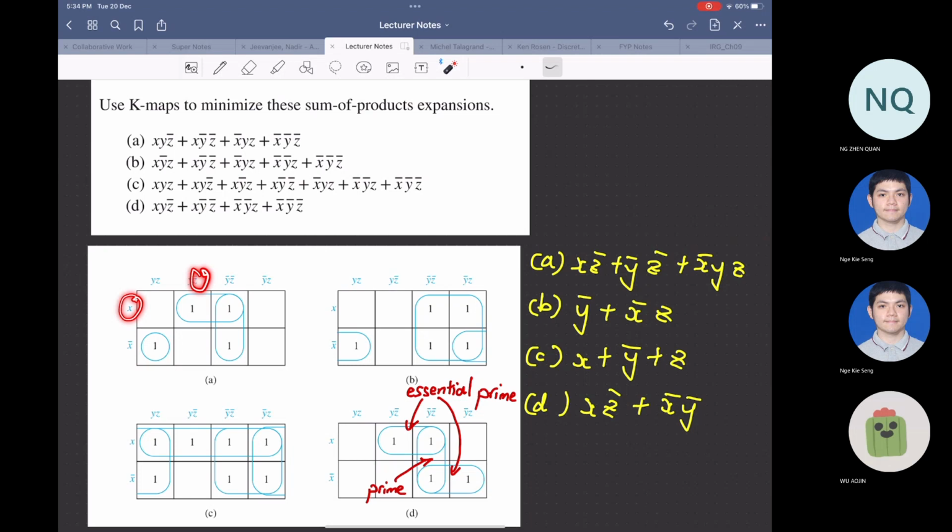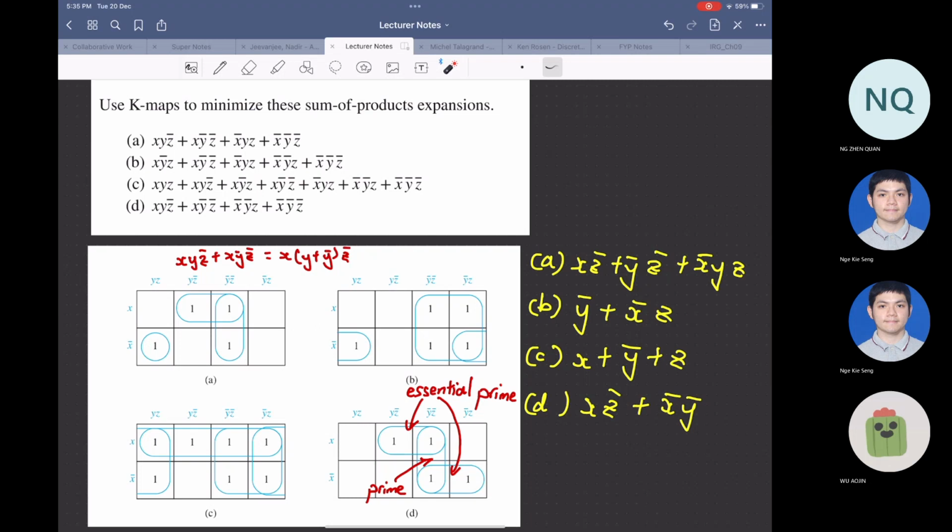If you don't remember, I'll write it down here: X Y bar Z bar equals X times (Y plus Y bar). Then use the argument just now. Similarly, you can combine these two terms here, so you will be left with Y bar Z bar.